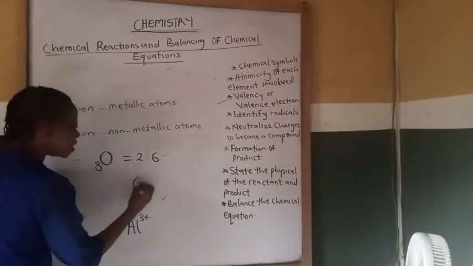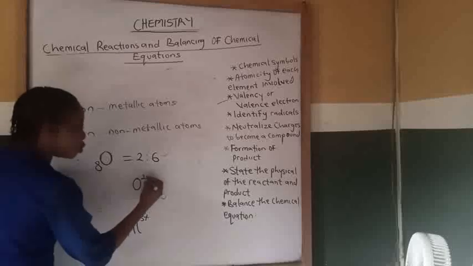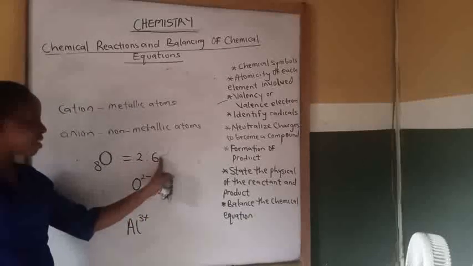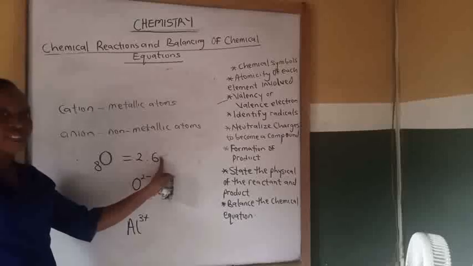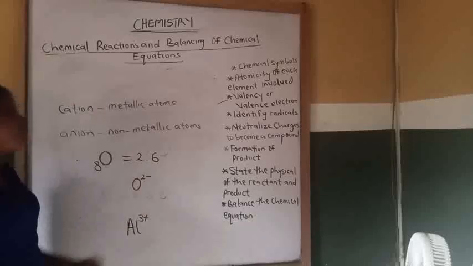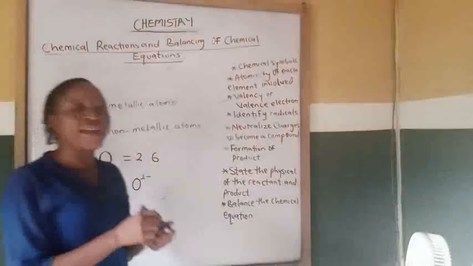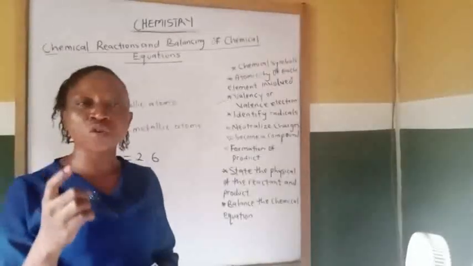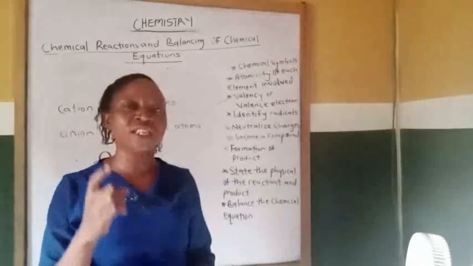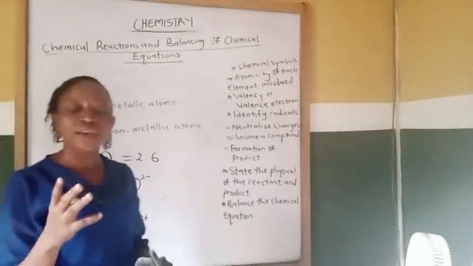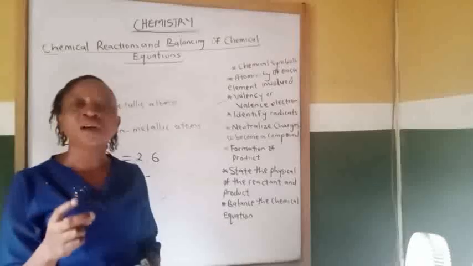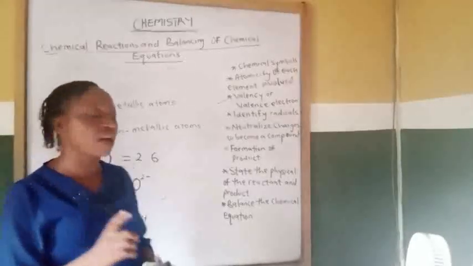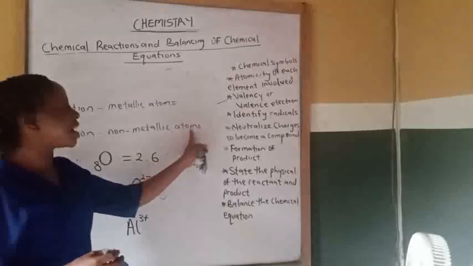So therefore the charge on oxygen will be 2 minus, because it needs 2 to balance the 8 electrons. So those elements with 5, 6 and 7 electrons are negatively charged.